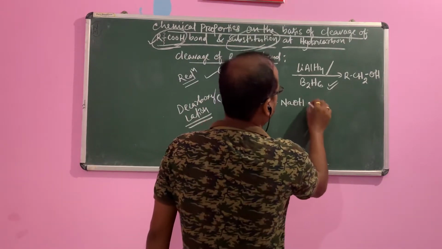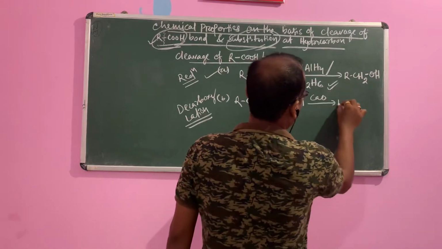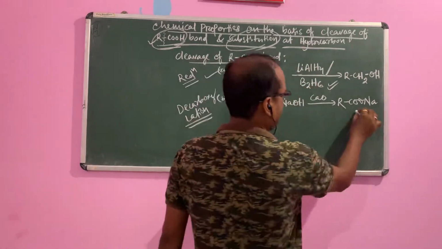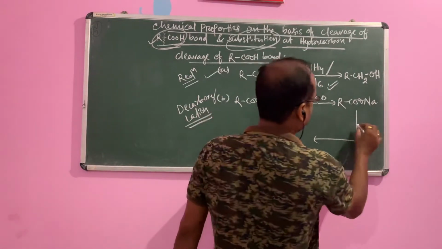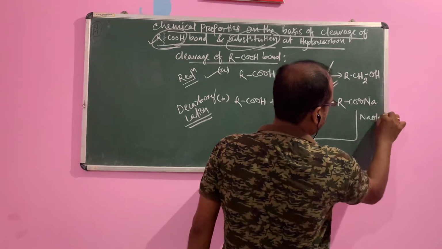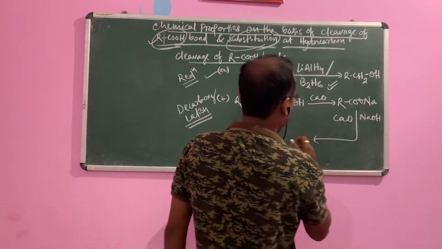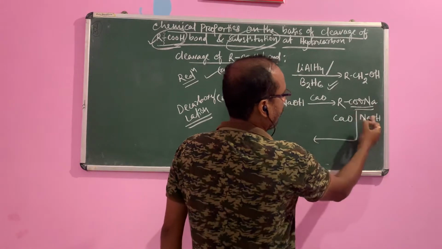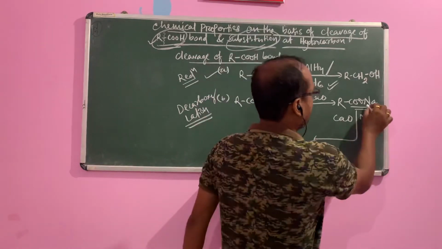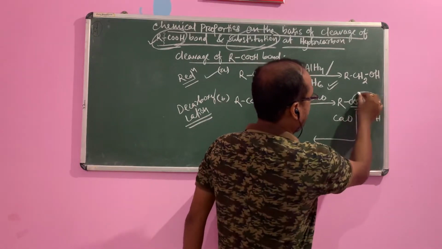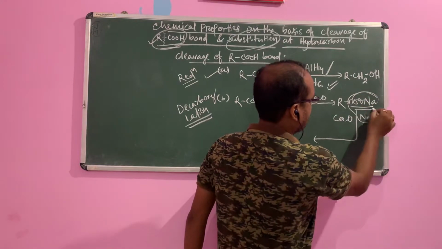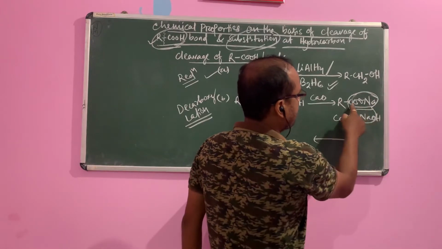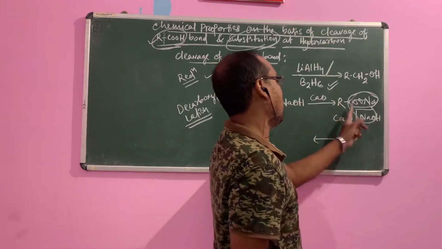forms in the first step RCOONa, sodium carboxylate. Again with soda lime, NaOH plus CaO, the process continues with removal of the carboxylic part to form Na2CO3, and RH will be left.